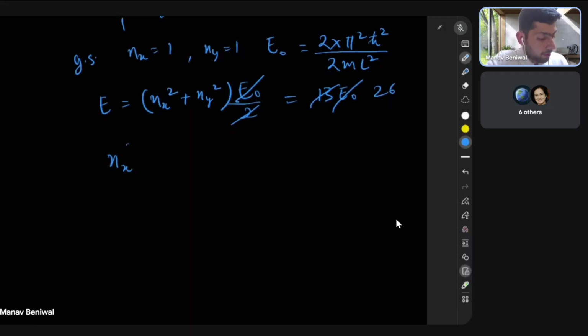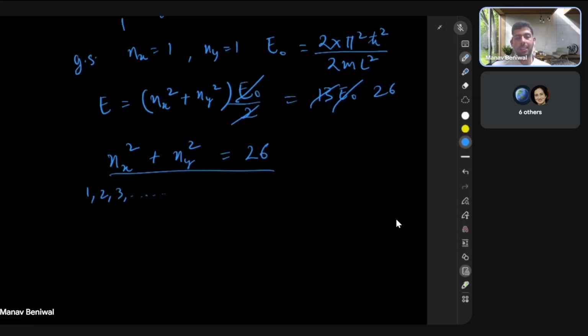Essentially what we have now is this equation: nx squared plus ny squared is 26, and we know that these n can only be integers, so they can only have values 1, 2, 3 and so on. Now how many ways are there to satisfy this equation?